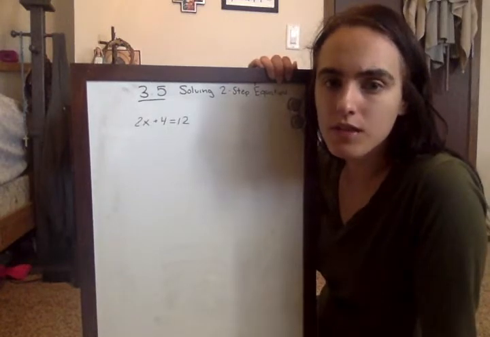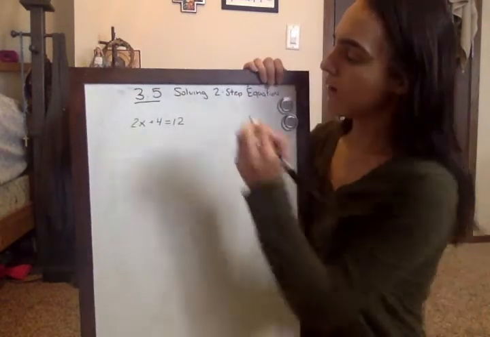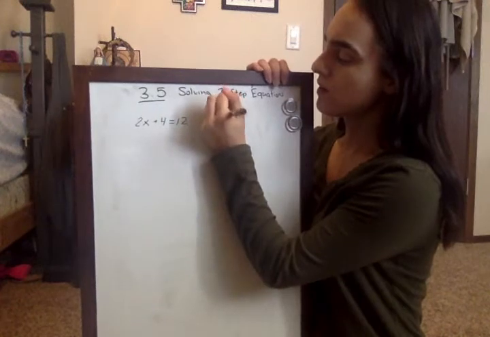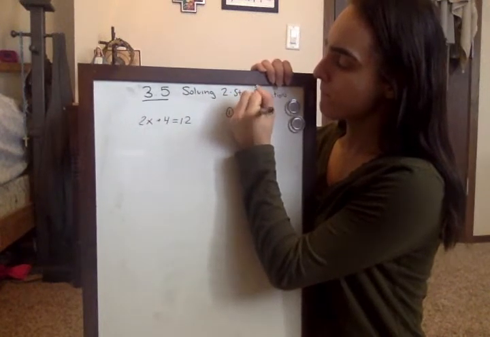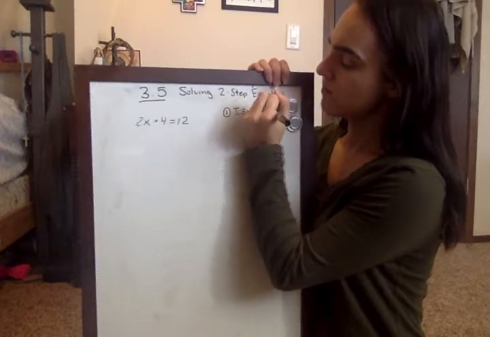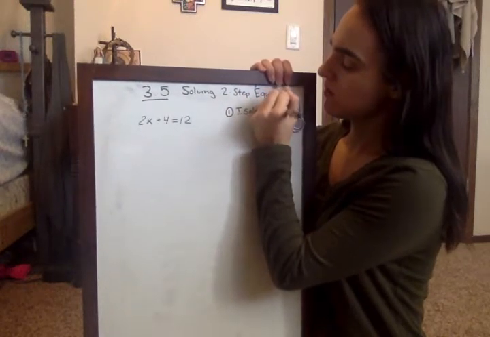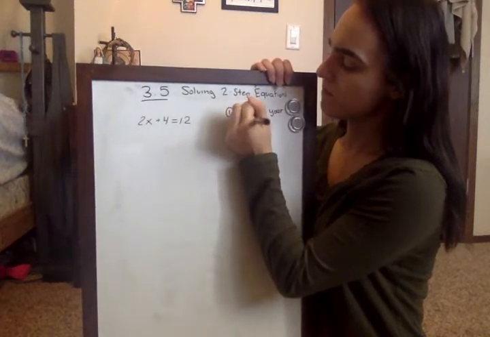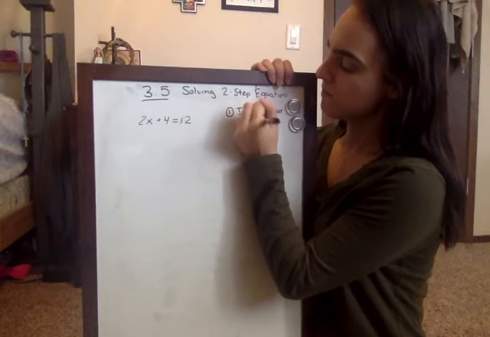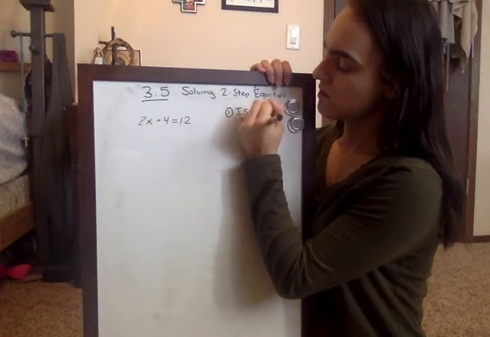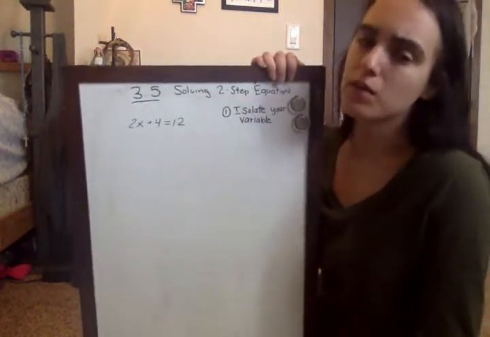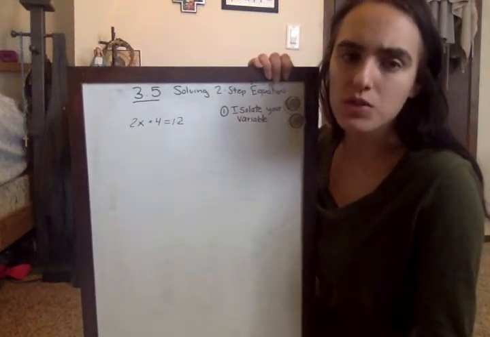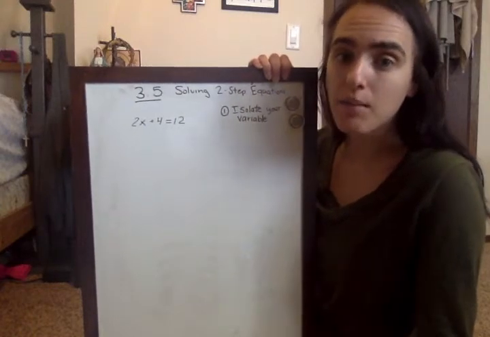Well, there are a few key things. Just like always, your first step is to isolate your variable. What does it mean to isolate your variable? When you isolate something, what do you do? You get it by itself.